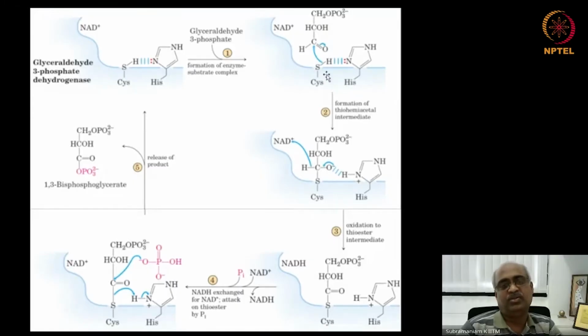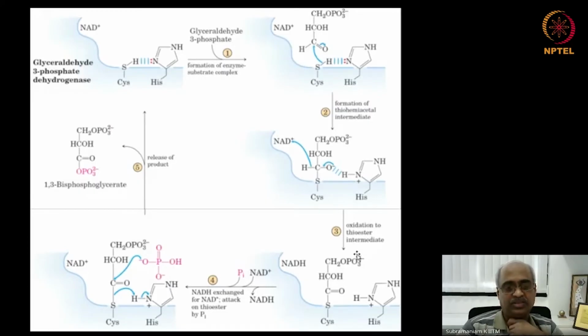Again you can see this carbonyl group, this carbon will have a partial positive charge, and as a result it is susceptible to nucleophilic reactions, and that's how you get this thiohemiacetal.